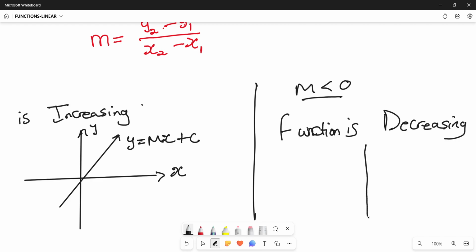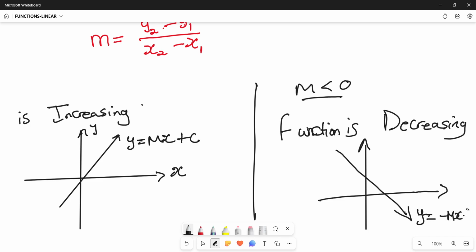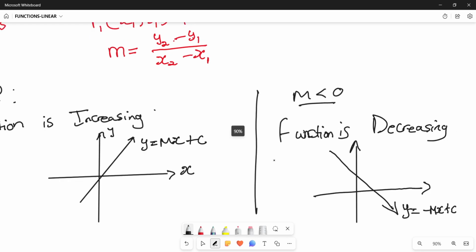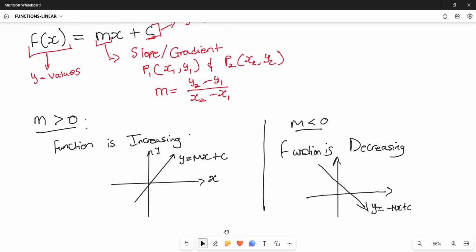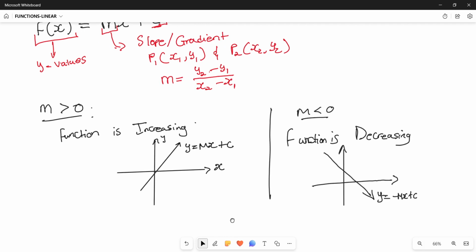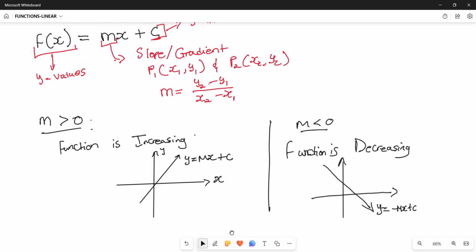This is how our function would look: y = -mx + c. So that's how the gradient determines the shape of our graph.